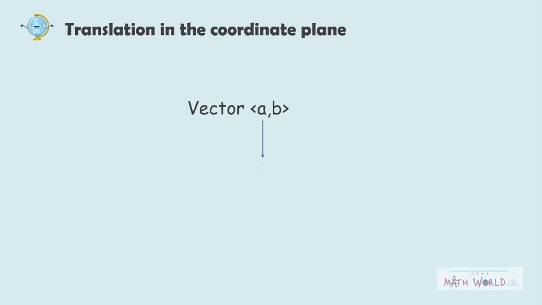Now, to do translation along this vector, we need to add the coordinate A to the X coordinate of the point, and B to the Y coordinate of the point. After that, we have A plus X, the X coordinate of the new point, and B plus Y, the Y coordinate of the new point. So this is the new image of the point.